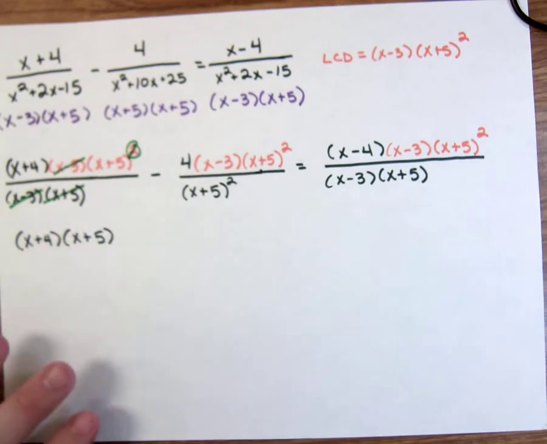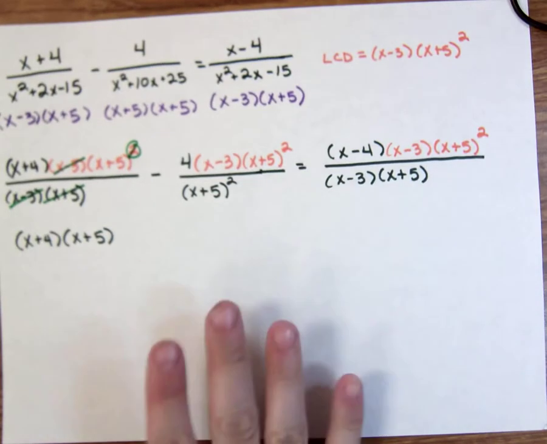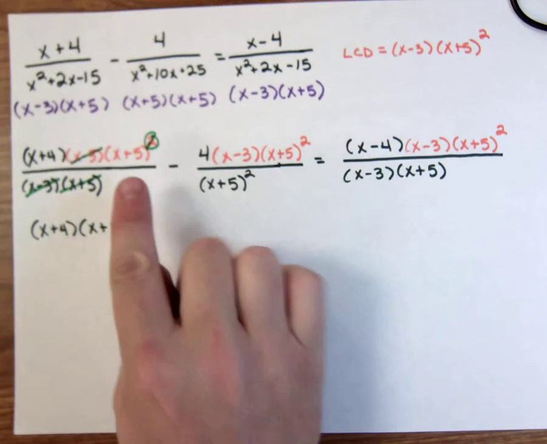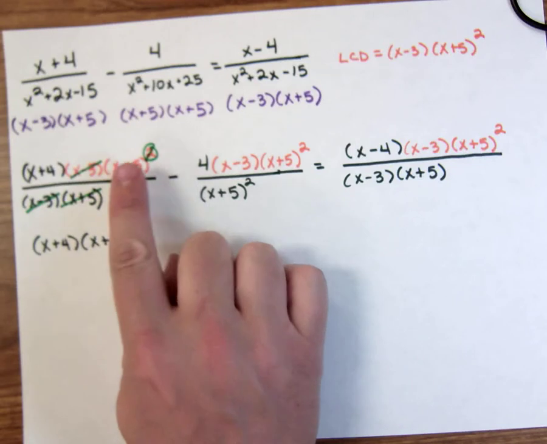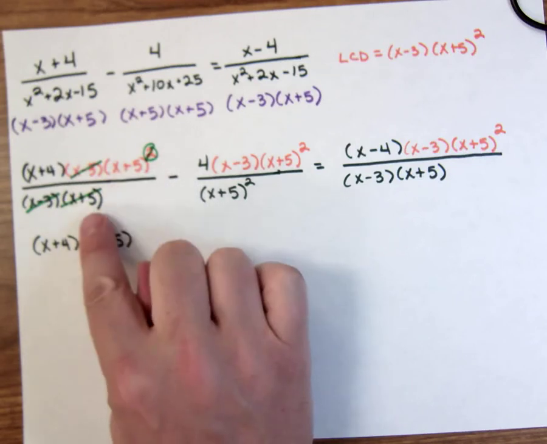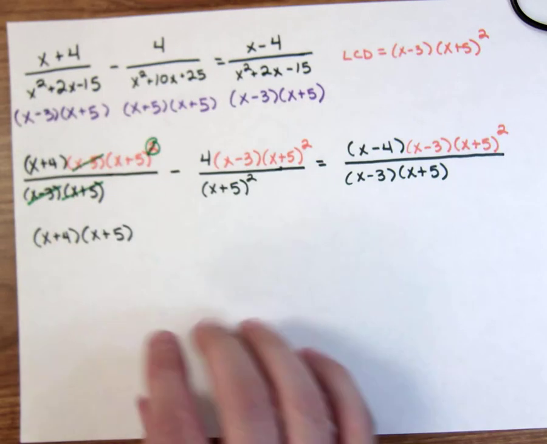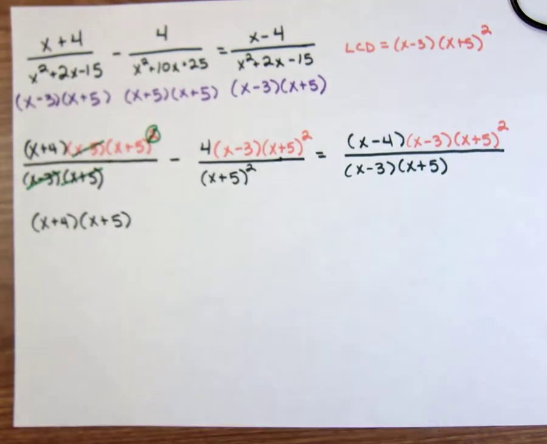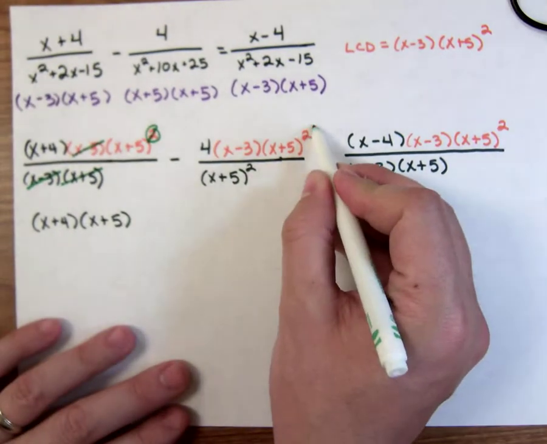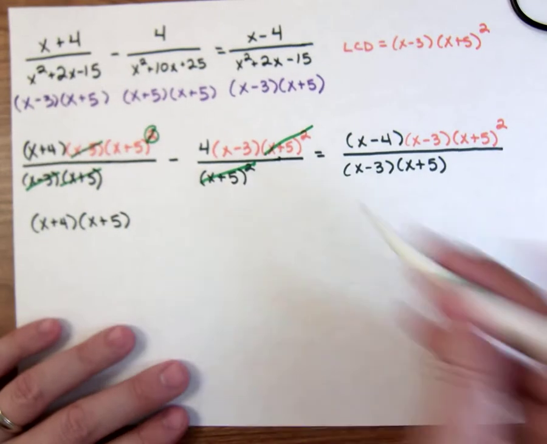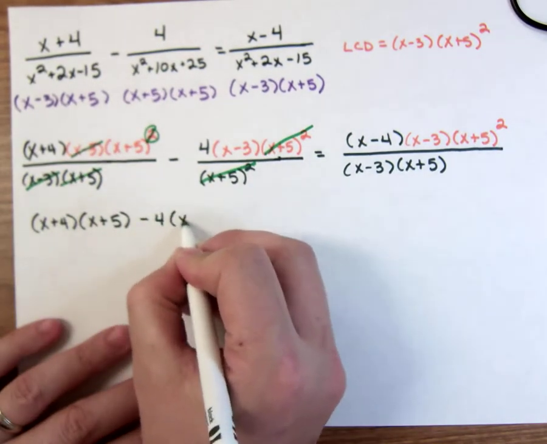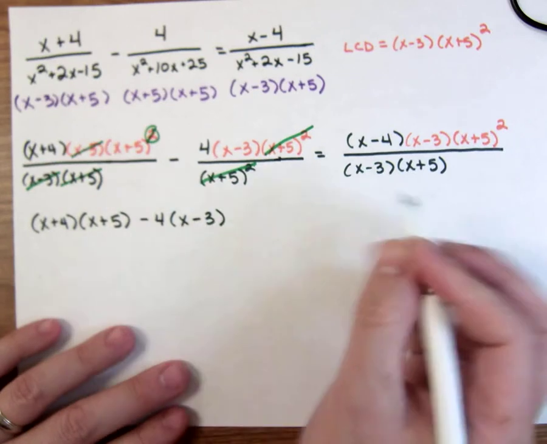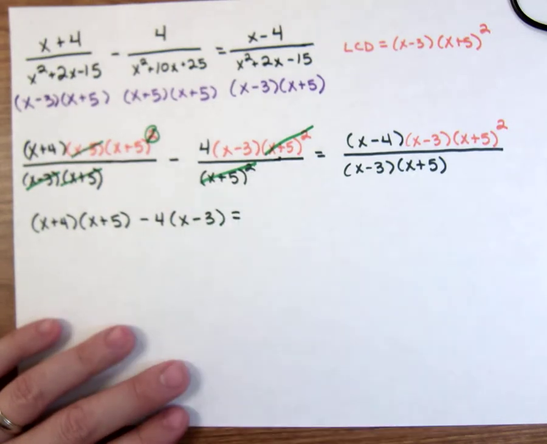Why does the squared go away? The squared represents two x plus 5s. You can think of this as x plus 5 times x plus 5. And I canceled one of them with the denominator, which left me with just one. It's a little nicer in the next one. X plus 5 squared cancels with x plus 5 squared, which leaves me with minus 4x minus 3 equals.